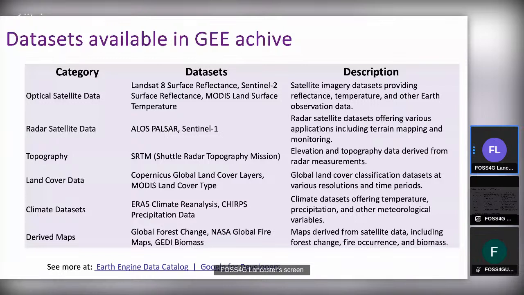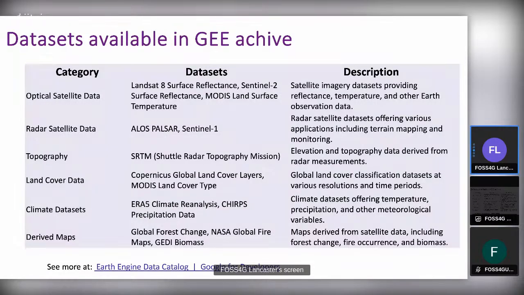For radar, ALOS PALSAR, which is from the Japanese Space Agency, and Sentinel-1 so far. From topography, you have the SRTM. For land cover data, you have a different range of global data sets, like MODIS land cover type. From climate, you have ERA5, CHIRPS, also precipitation data.